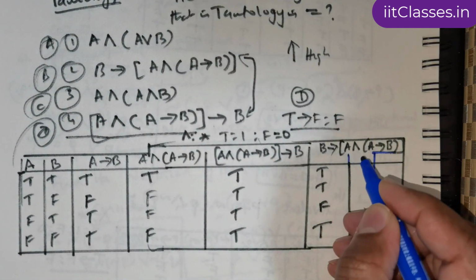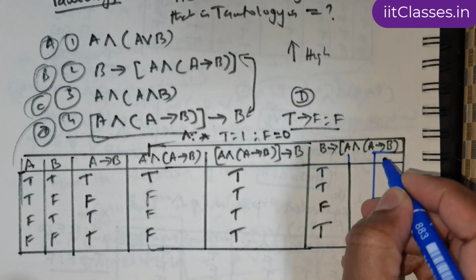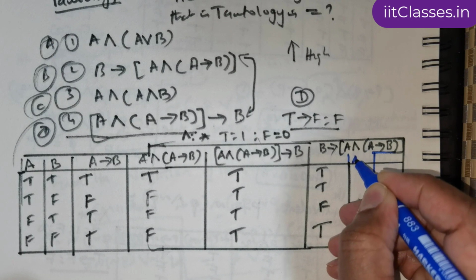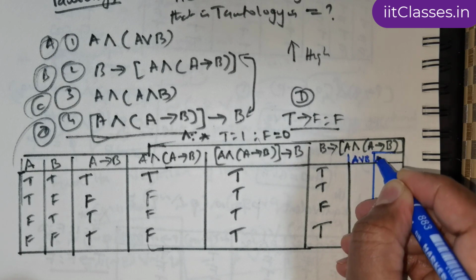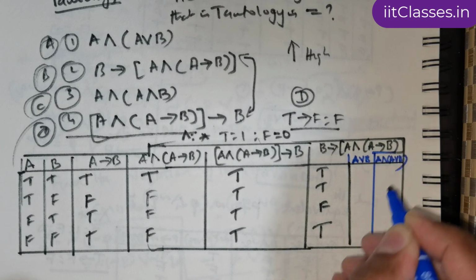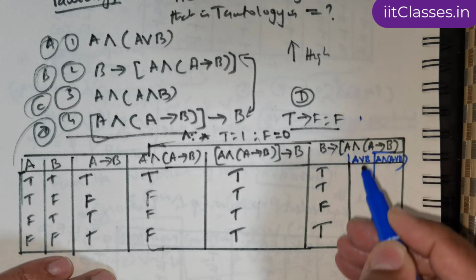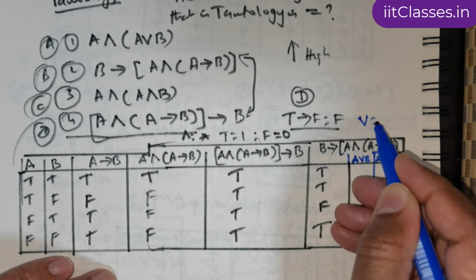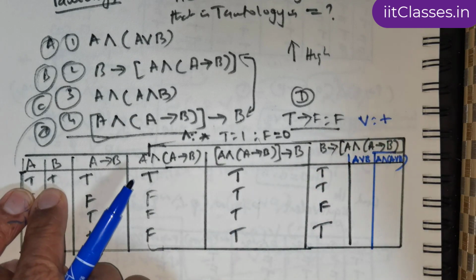So I'm going to show you that this is not a tautology. So let me have a disjunction B here, and this is going to be a conjunction of A disjunction B, right? So this is going to be A or B. So B is treated as plus, and let me show you that.